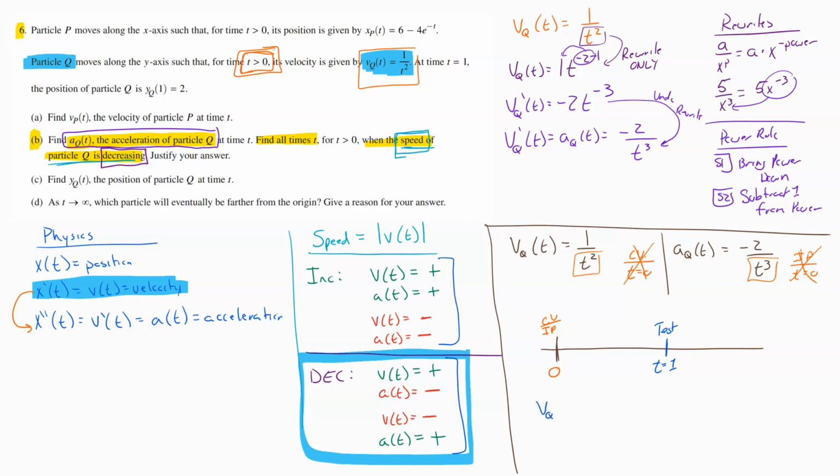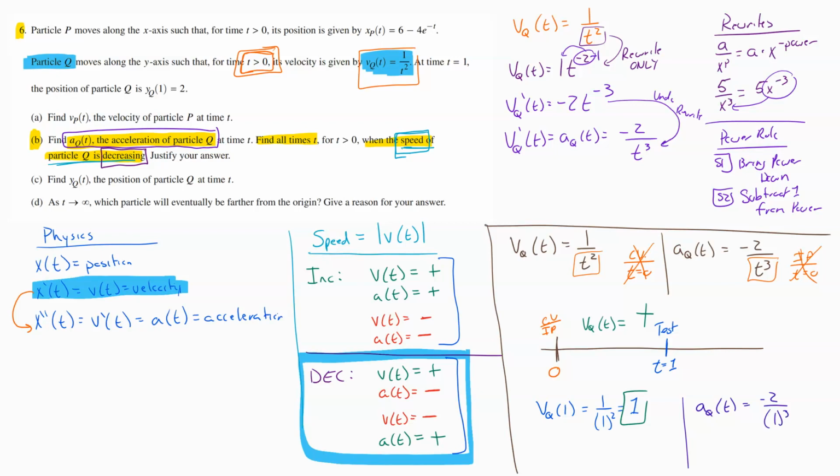So if I do v of 1, plugging 1 into that equation, I would get 1 over 1 squared, that's 1. So I'm going to put my velocity up on top here: it is always positive because there's no place where it's going to change. So the velocity is positive. And now if I go look at my acceleration and play the same game, choosing that same test value because it's an easy number to plug in, then on this side I get negative 2 over 1 to the third.